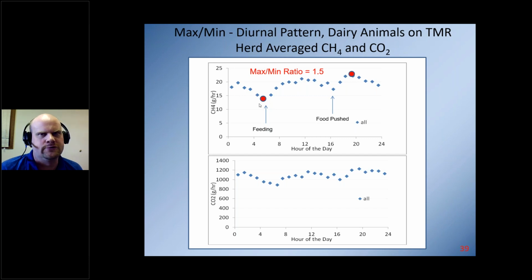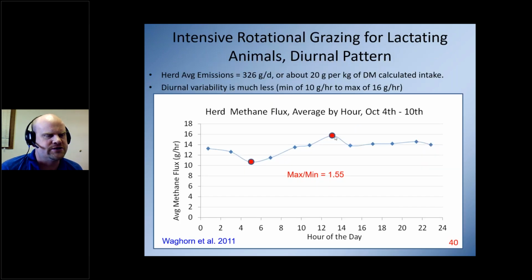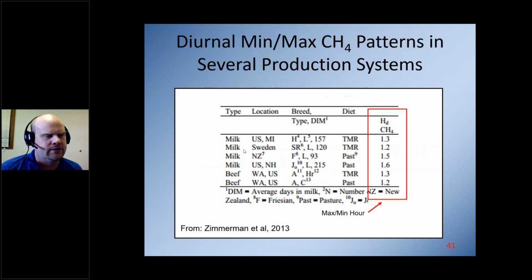And we've looked at a number of different systems. This would be just an example of a concentrated dairy facility. This is an example of a pasture system where the max hour divided by min hour is 1.55. And in fact, we've looked at a number of different production systems, and the diurnal pattern has tended to vary between about 1.2 to 1.6 max hour over min hour.